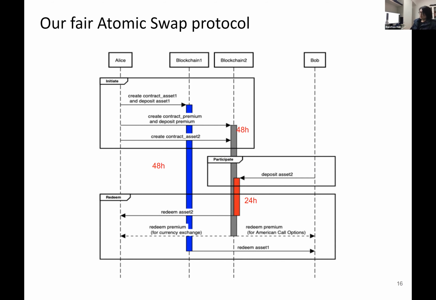And another solution is based on something called adaptor signatures. The idea is also similar to the HTLC, but they construct a different crypto primitive, which embeds a pre-image. And so far, I'm not aware of any other atomic swap protocols that are not based on these two primitives.